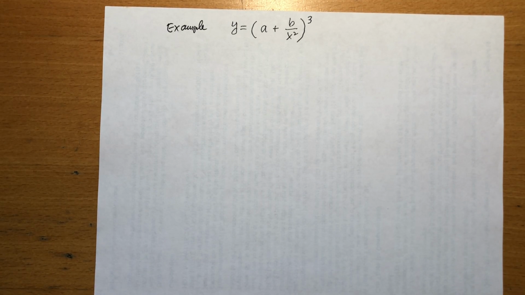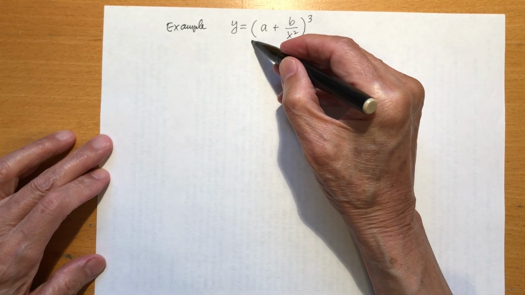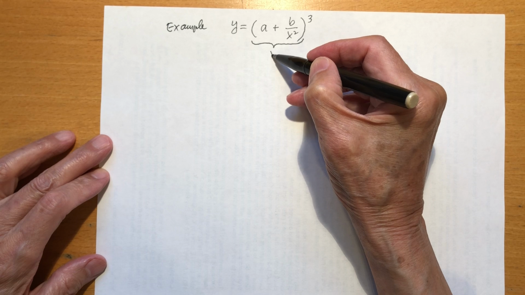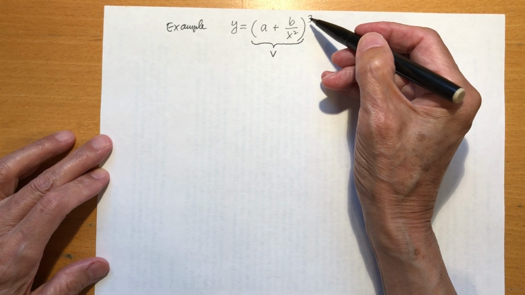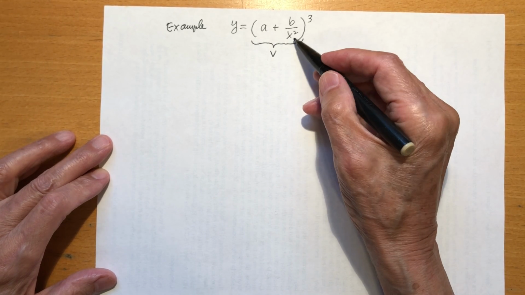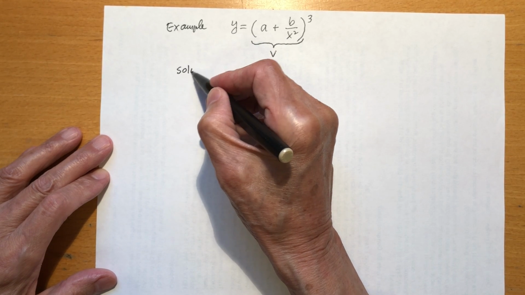So what is the derivative of this? Look, I call this v. So y equals v to the exponent 3. But v is a function of x. So I just use my formula.